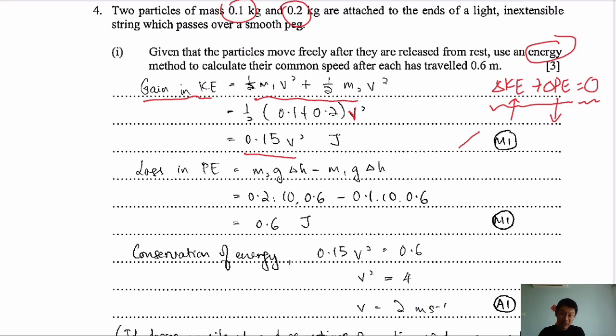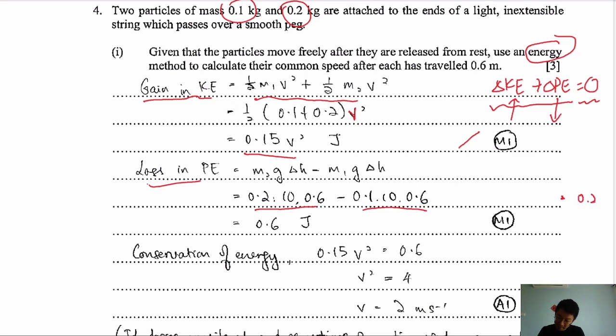So the net loss in PE is the PE lost by the 0.2 kg particle minus the PE gained by the 0.1 kg particle.